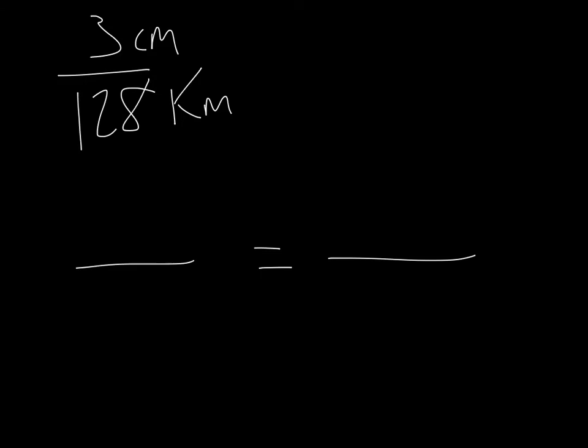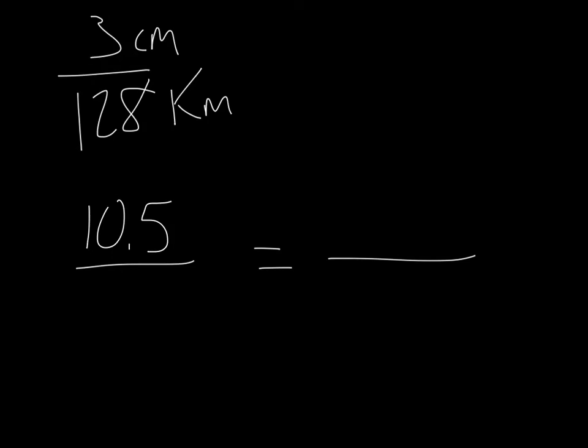Remember what I said. The scale model, or the scale drawing, or whatever we're doing to scale, is going to be in the numerator. What do you think is going in the numerator on the left-hand side? Yes, so we're going to put the 10.5 on the left-hand side because we're going to put the map distance on the top.